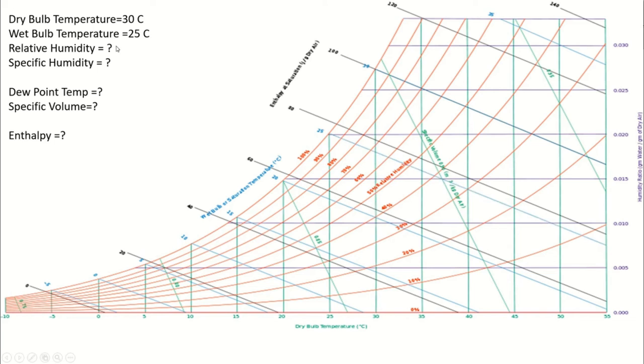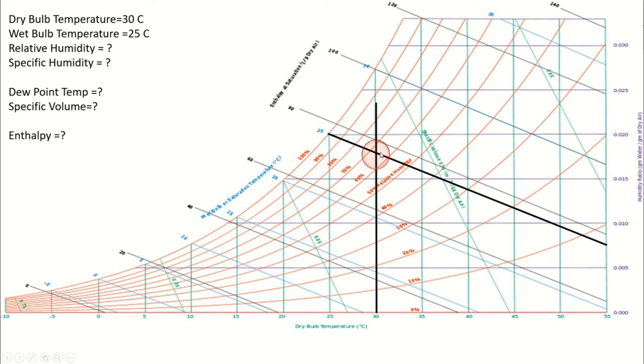Once again, dry bulb temperature is 30 degrees centigrade, so I draw the line at 30 degrees centigrade parallel to the line of dry bulb temperature. Remember one thing, whatever parameter you draw, it should be parallel to that parameter. For example, wet bulb temperature 25 degrees centigrade, and these are the lines of wet bulb. So my point is also on 25, so my line will be parallel to that 25 line.